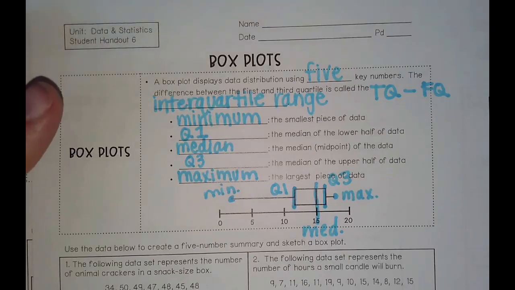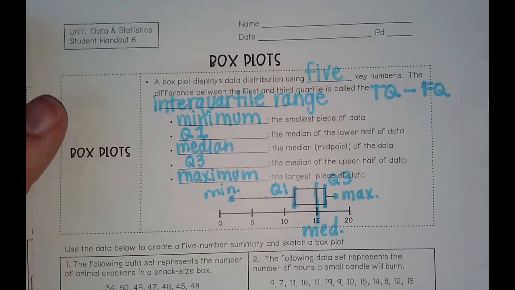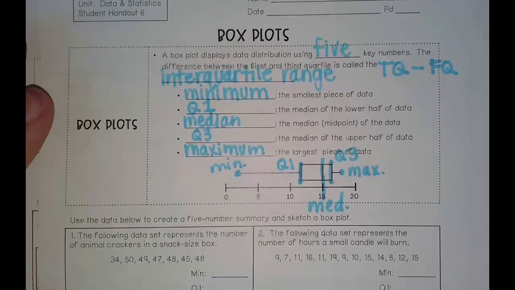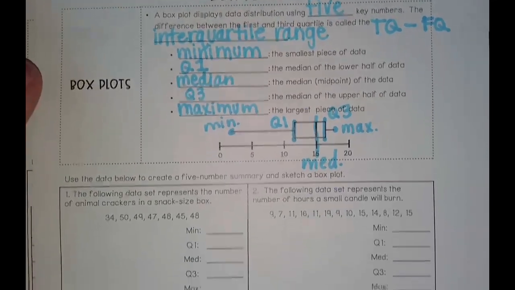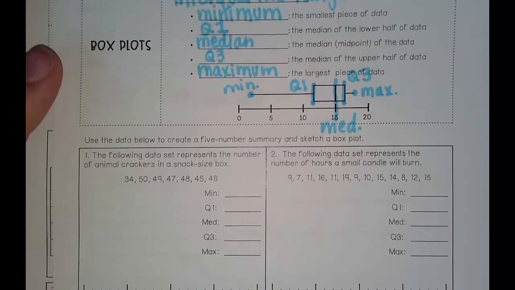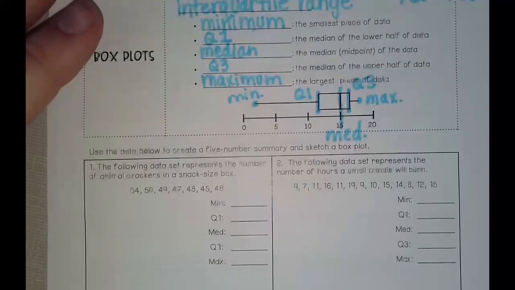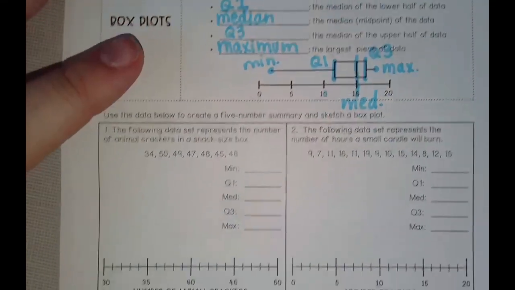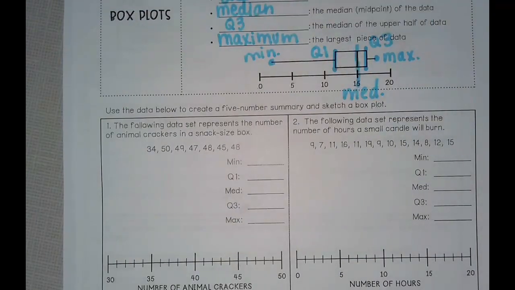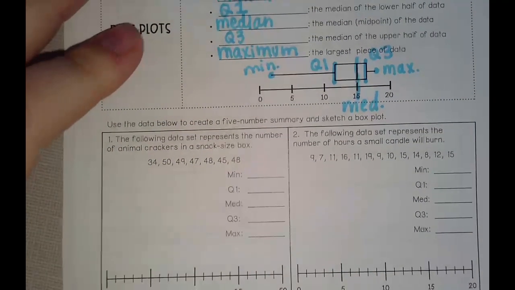So, question 1. The following data set represents the number of animal crackers in a snack size box. The thing I always suggest with box plots is to take your data and put it in order from least to greatest, because you're going to have to find the median, then the median of both sides, the quartiles. So 34 is our smallest data point.